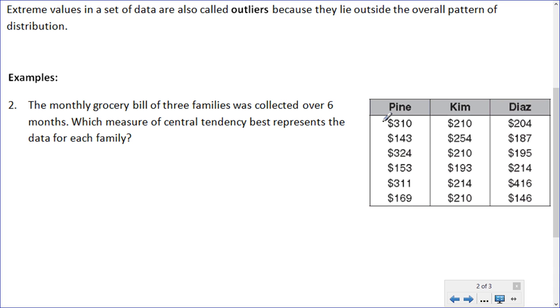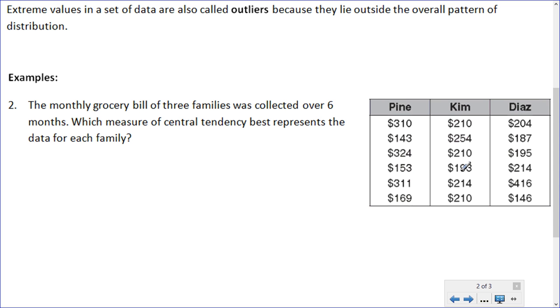In this data set, I'd say first of all that there is no mode. There's not a single number that's repeated more than once. So the mode definitely is not the best measure of central tendency to represent this. And if you look through here, we have numbers that are in the 300s and we have numbers that are in the mid 100s.